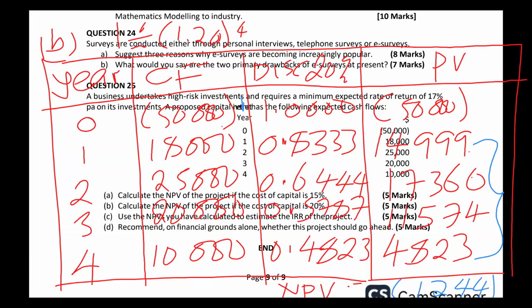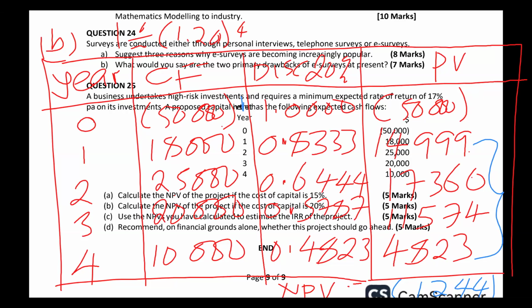Yes. So B gives us a negative NPV. Do you remember the NPV that you found for A? It was positive. What was the number? The amount we need for C.